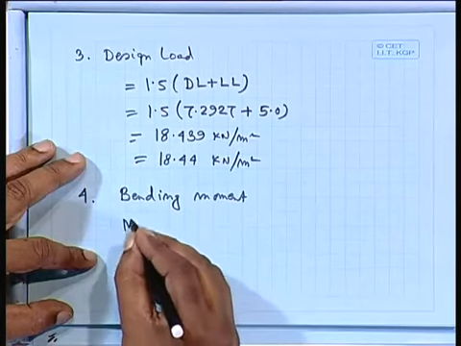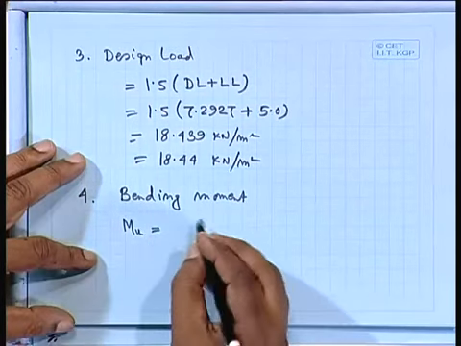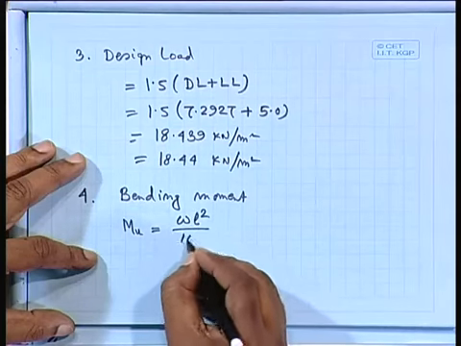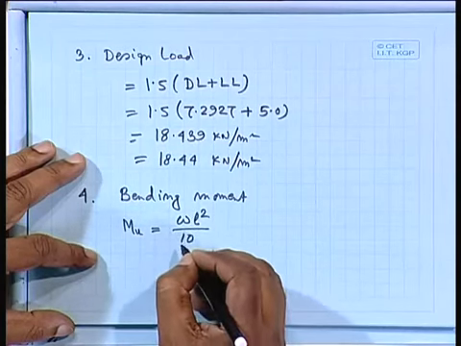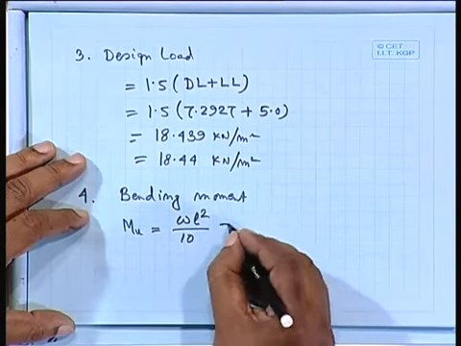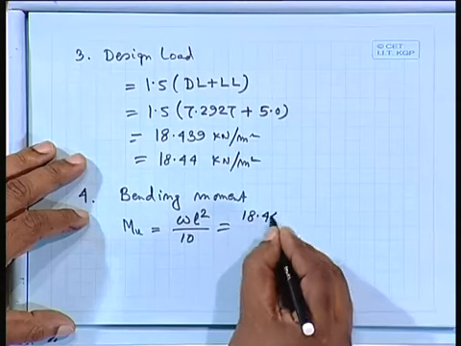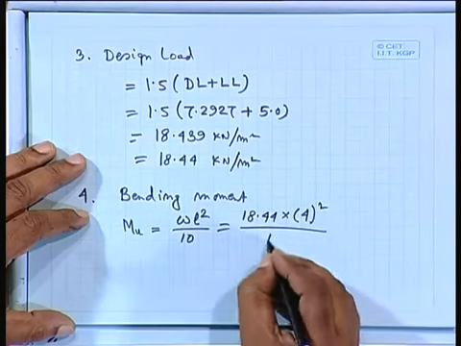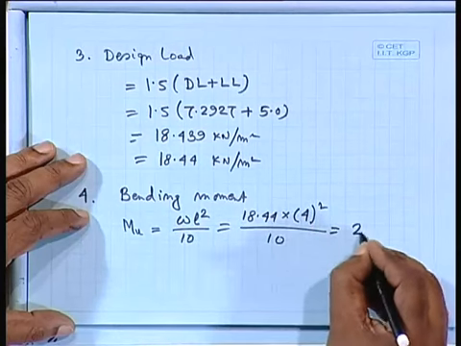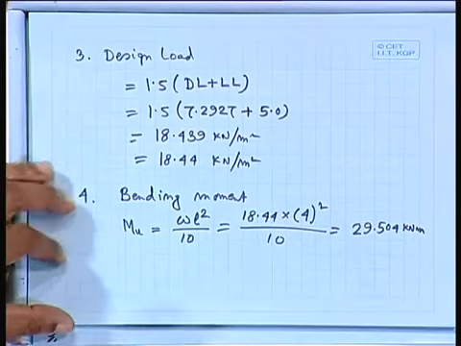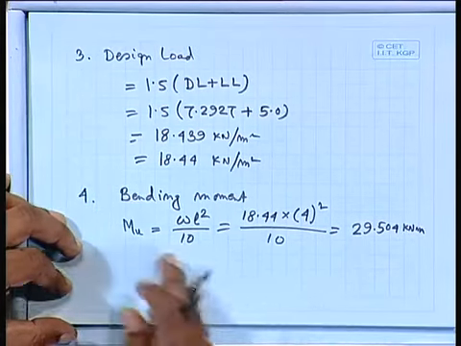Mu will be equal to W L square by 10. We shall take it not 8, W L square by 10, equal to 18.44 times effective span 4 square by 10, which comes as 29.504 kilonewton meter.